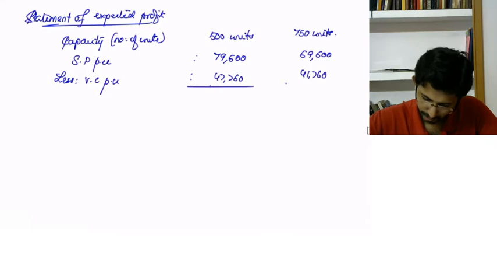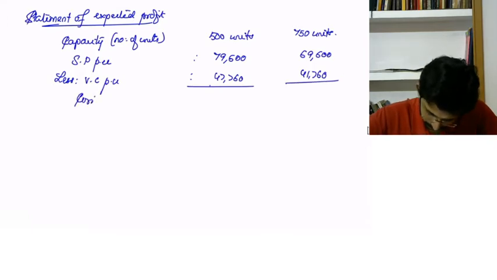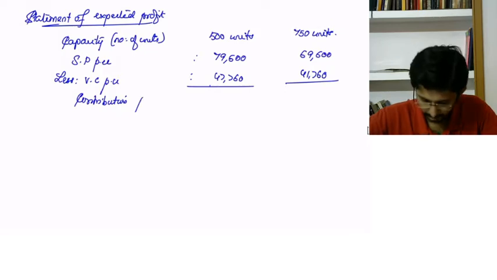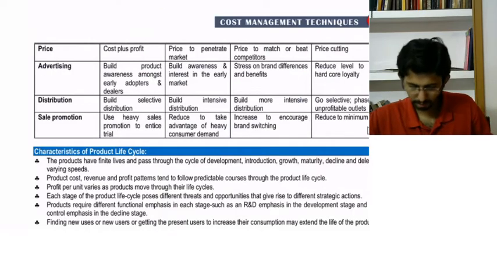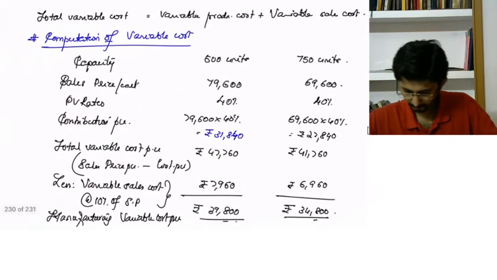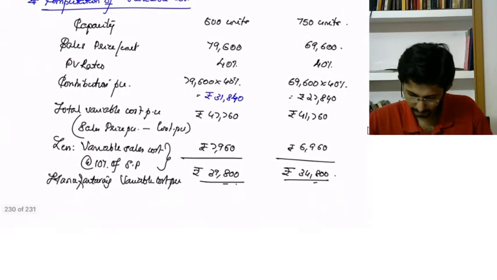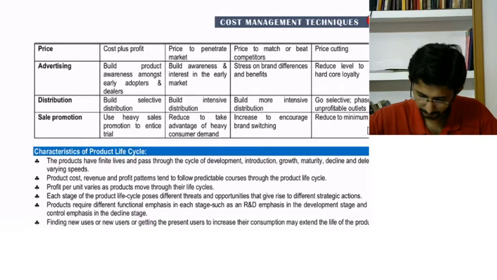Okay, so you will get the contribution per unit. Contribution per unit will be 31,840.